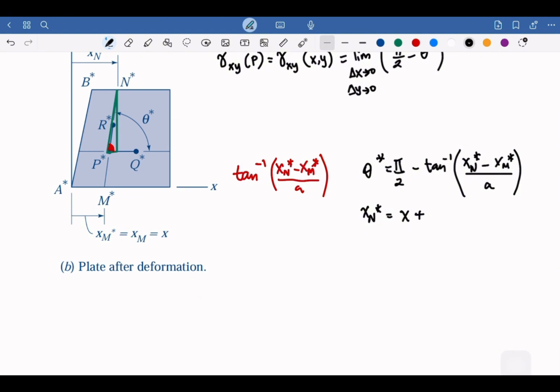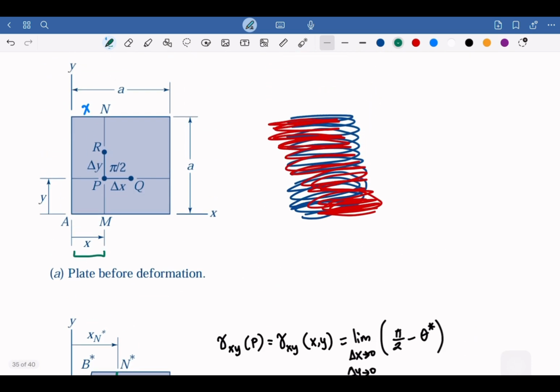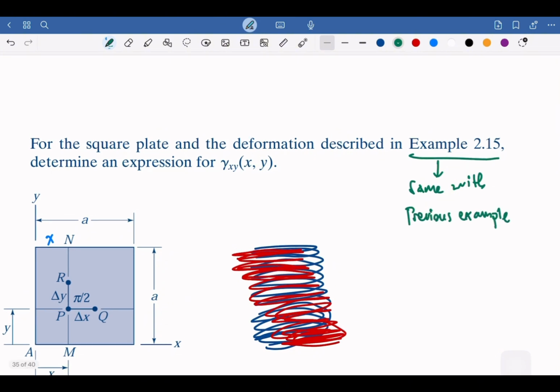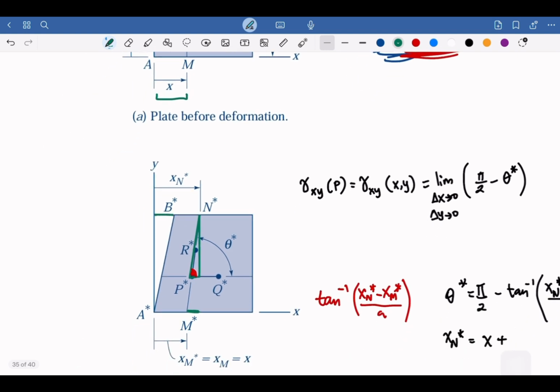We are doing the same thing as the previous one, because this is supposed to be the same as the previous example, where we have 0.2a.